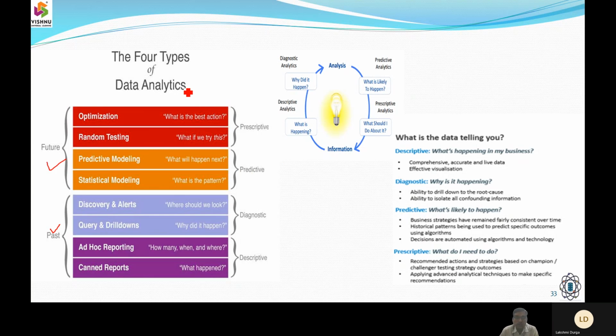The four phases of data analytics move up as one, descriptive; two, diagnostic; three, predictive; and the last one, prescriptive. Descriptive and diagnostic operate over the past data, whereas predictive and prescriptive operate over the future data.